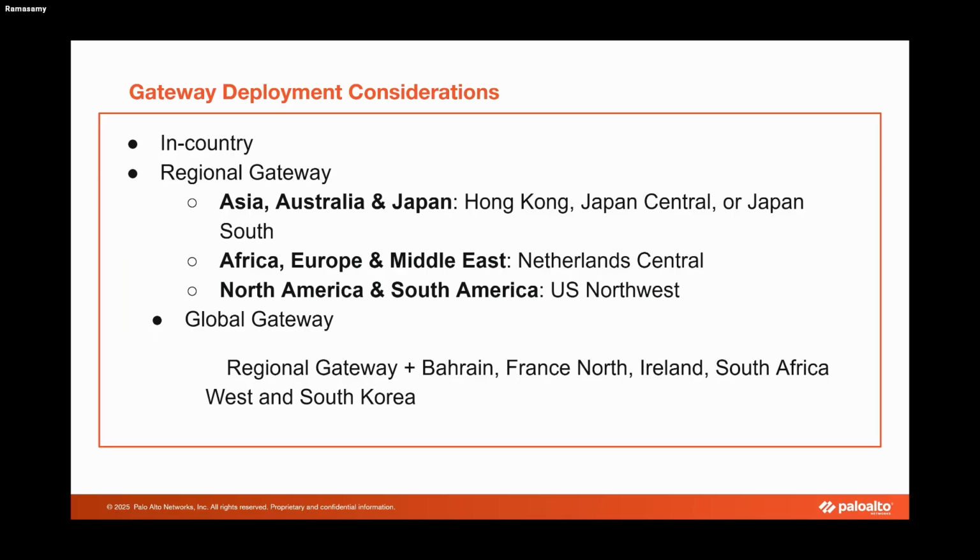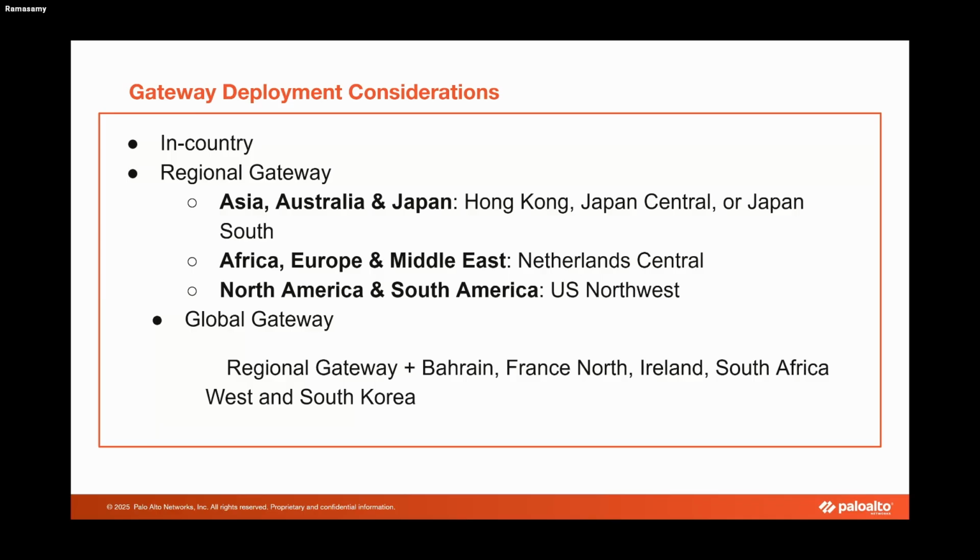For some reason, if you don't have an in-country gateway, for example, users in Indonesia but no gateway in Indonesia, in that case, the user will connect to the regional gateway. The regional gateways for Indonesia are Asia, Australia, and Japan.